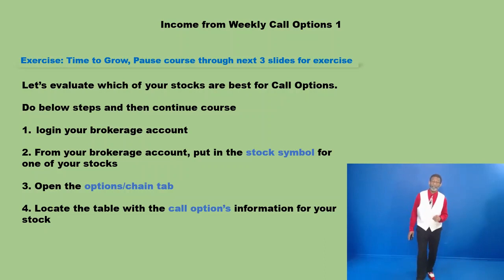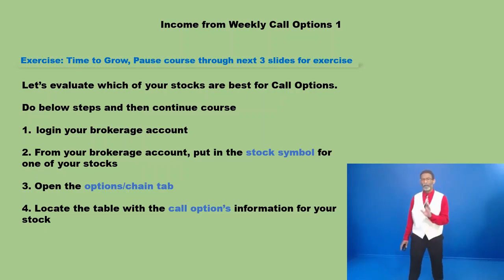And what you need to do is, of course, log into your brokerage account. This is not a race, by the way. Take your time. And from your brokerage account, put in one of the symbols of one of the stocks you have on your chosen list of stocks. Look around in your brokerage account and find the options chain or tab.